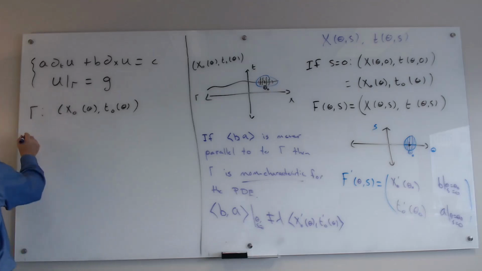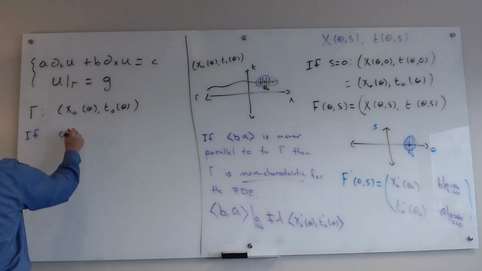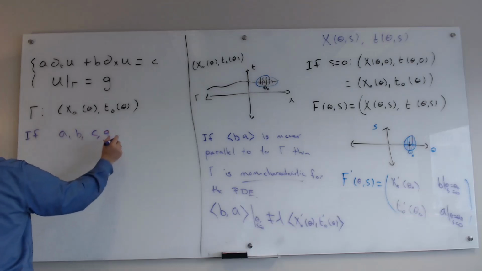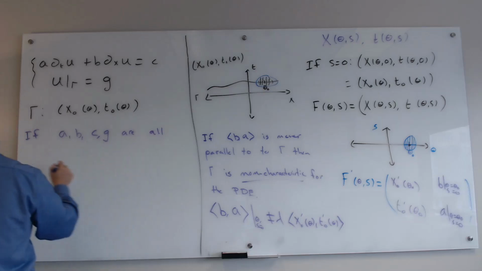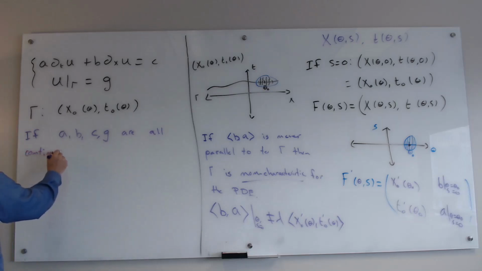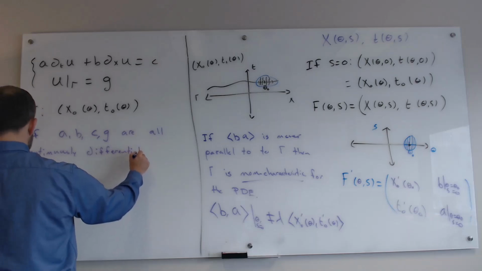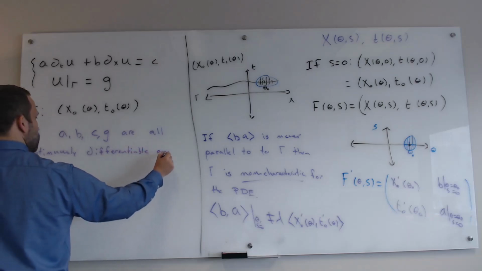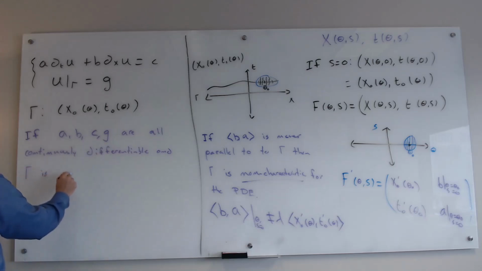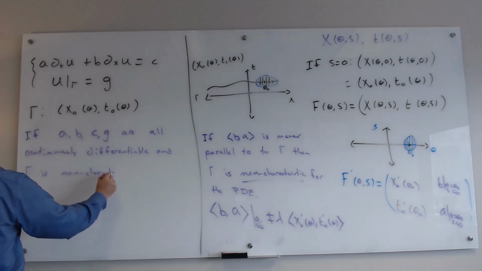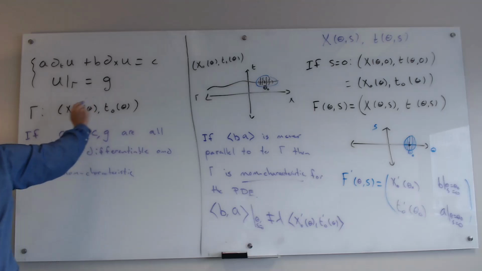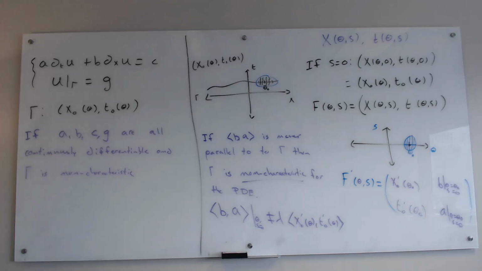So if A, B, C, and G are all continuously differentiable, and gamma is non-characteristic, then there exists a unique solution on a neighborhood, I'm going to abbreviate this as NBHD, of the curve gamma. In the context of this problem, if A, B, C, and G are all continuously differentiable, and let me just remind you, A and B depend on x and t, C depends on x, t, and u, G just depends on theta, so the value of u is along the curve.